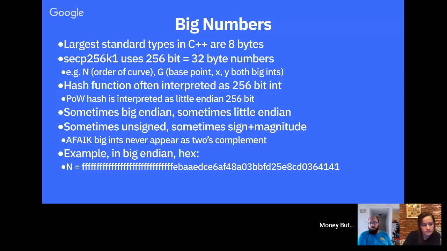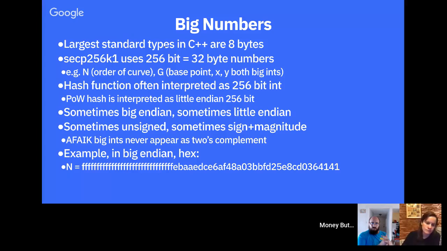Okay, so we've covered many of them, but moving on here, we've discussed this in earlier videos, big numbers. The largest numbers you can do in C++, which is what Bitcoin was originally programmed in, and to this day, of course, the node software is still in C++, you can basically go up to 8 bytes. But we need 32-byte numbers, because we need the ability to do 256-bit elliptic curve mathematics.